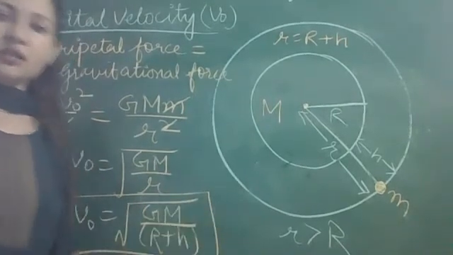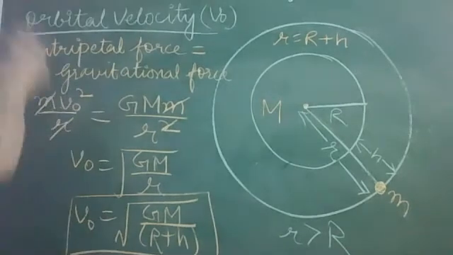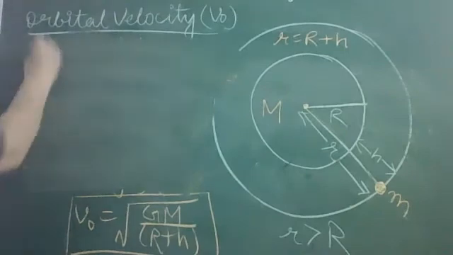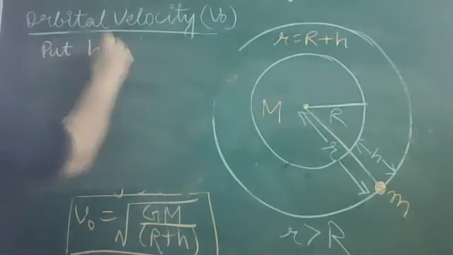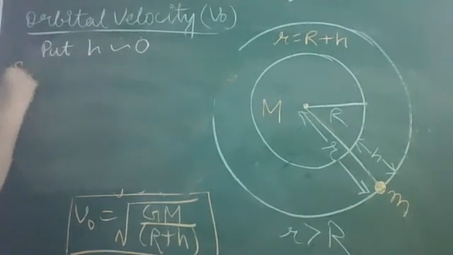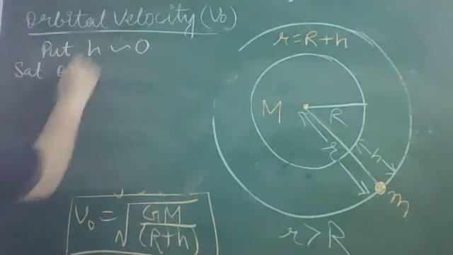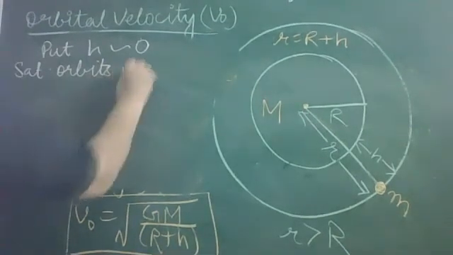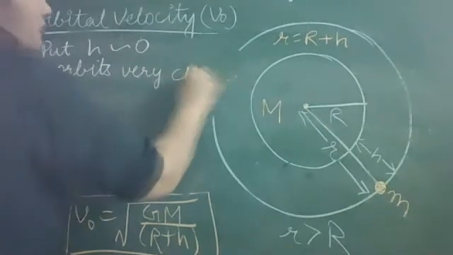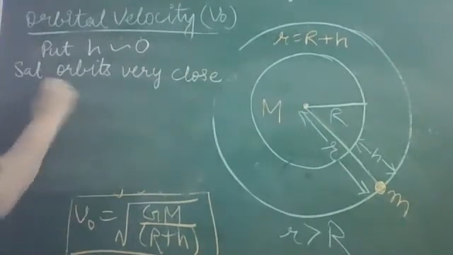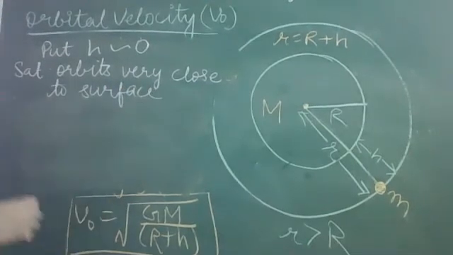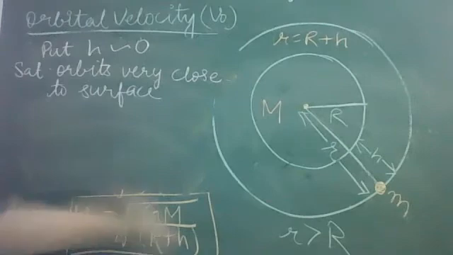So put h equal to 0 for a satellite orbiting very close to the surface of Earth, or surface of that planet.